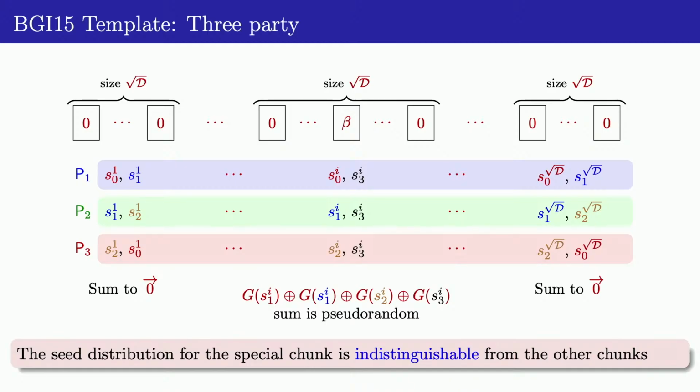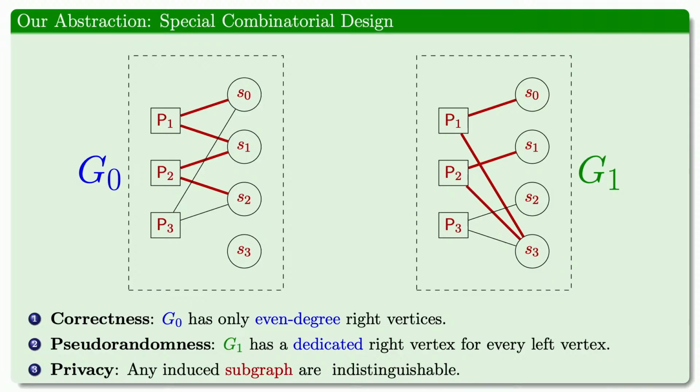And the first thing, BGI-15 is a 3-party case. They can also extend it to any number of parties. But the first thing we do when we take their construction is that we abstract out what we call a special combinatorial design. Essentially, we model this seed distribution process as 2 bipartite graphs. G0 is the way you distributed the seed for non-special chunks.